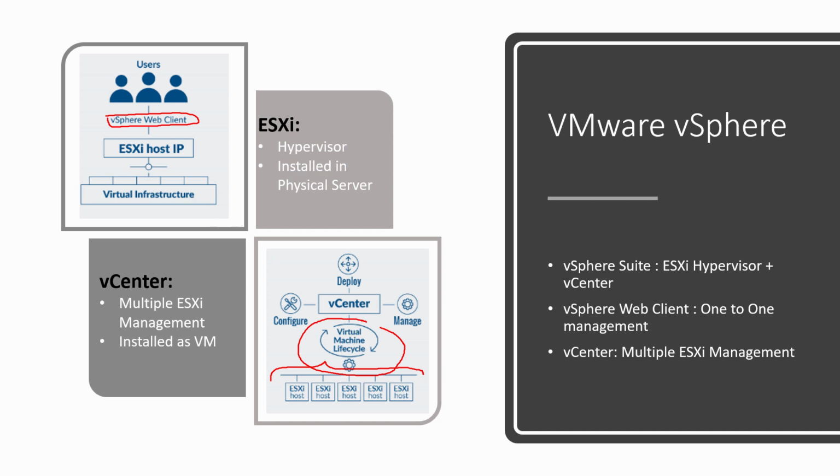If you have many ESXi hosts in your organization, you need vCenter to manage them. vCenter itself is a virtual machine you deploy during the installation of vSphere, and with vCenter you can do more than what you do with the vSphere Web Client. vCenter helps you configure live migration, fault tolerance, and centralized management of your entire VMware infrastructure. So VMware vSphere includes three components: ESXi is a hypervisor, you access it using the vSphere Web Client, and vCenter manages multiple ESXi hosts.